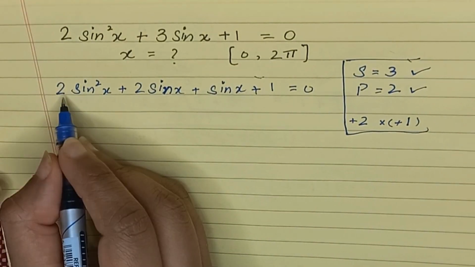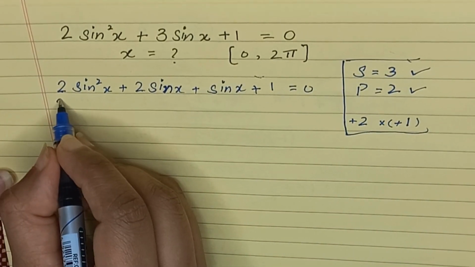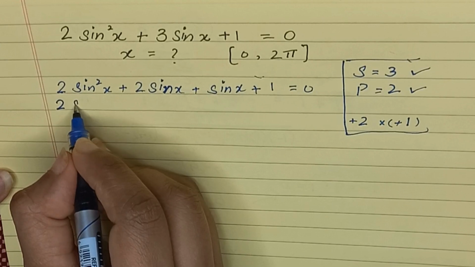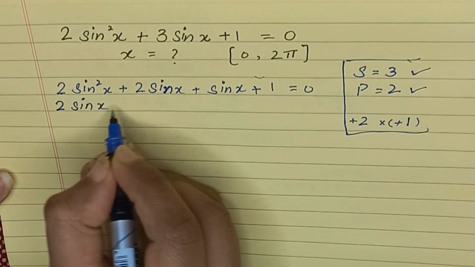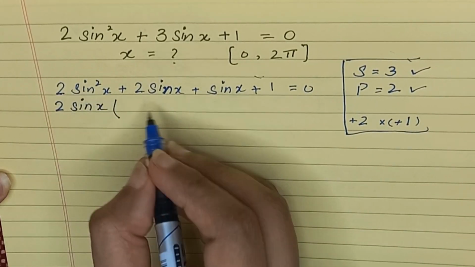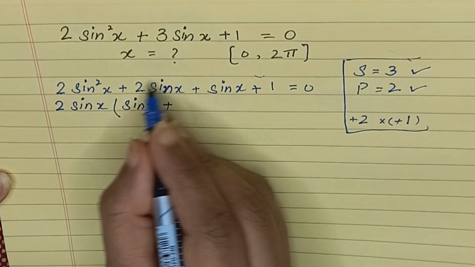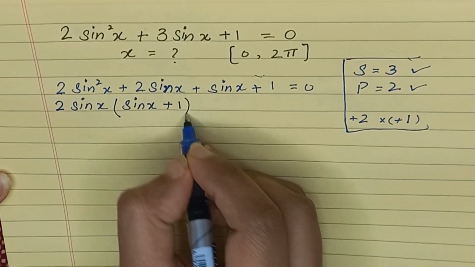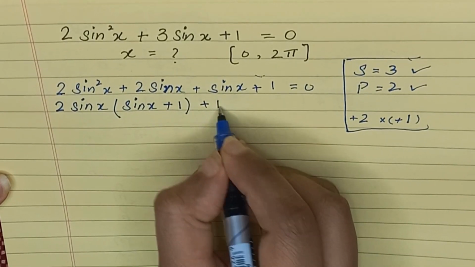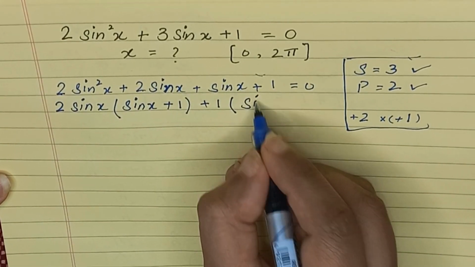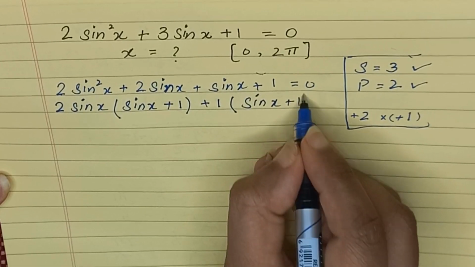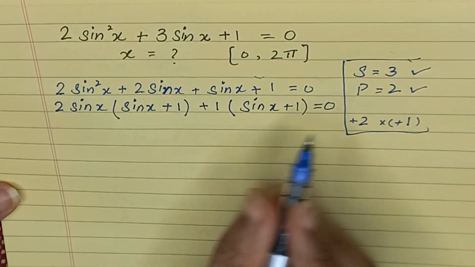So from here we have 2 and sine x common. Now we have left just sine x to the power of 1 plus 1, and from here we have 1 common, sine x plus 1, which is equal to 0.